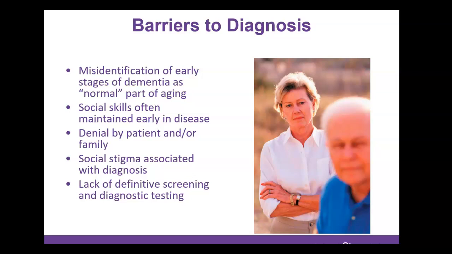Oftentimes, the patients themselves may be in denial, as well as the family members, when it relates to what they are seeing from that loved one in terms of a cognitive decline. There's also many stigmas associated with the diagnosis, as with many other chronic conditions. And there's also a lack of definitive screening and diagnostic testing. And so these are all things that lend to barriers to diagnosis.